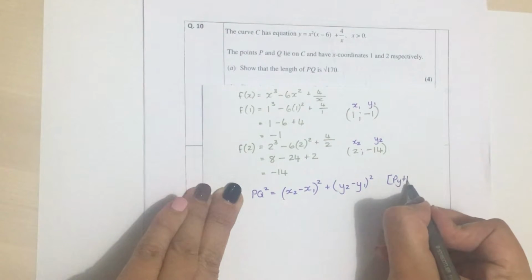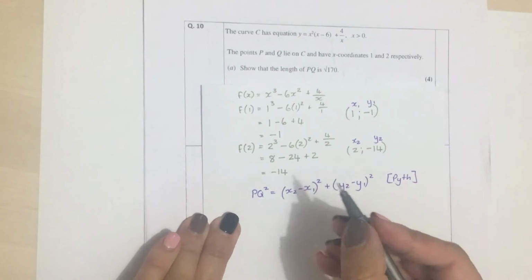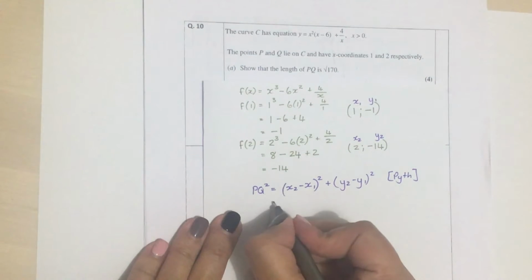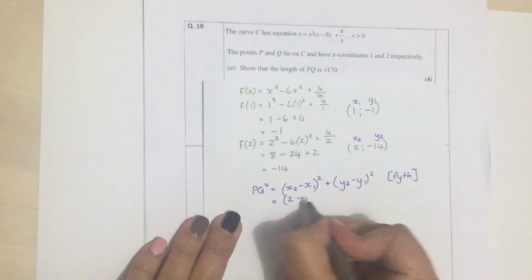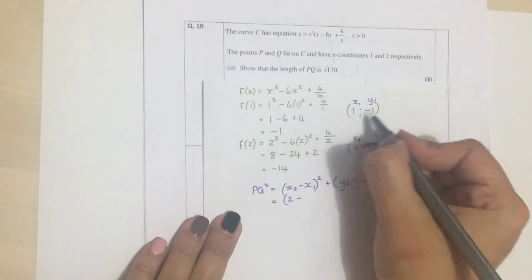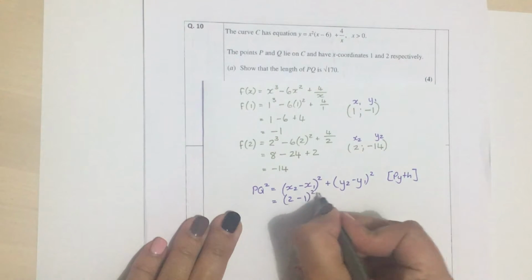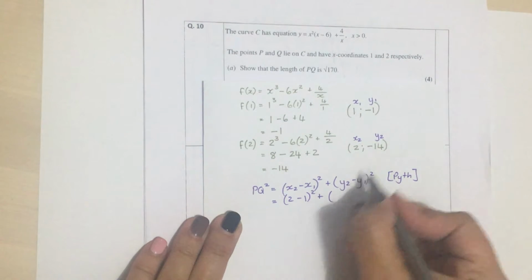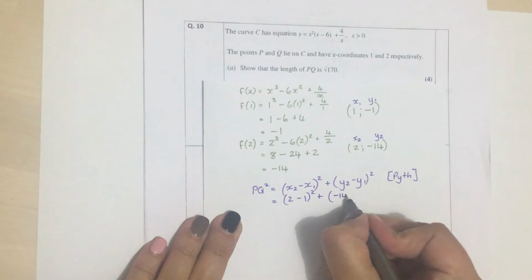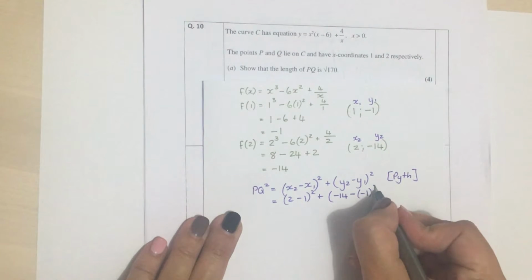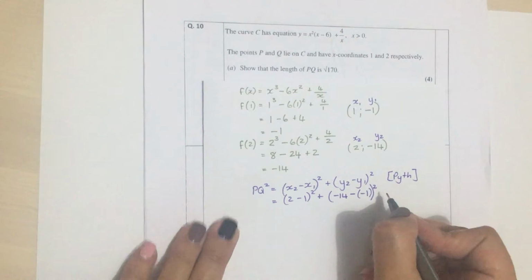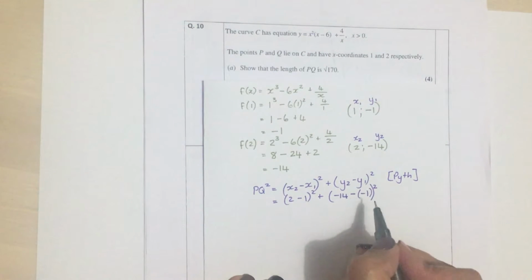Thank you, the old guy Pythagoras. Right, then we substitute: 2 minus 1 squared, plus y2 is negative 14 minus y1 is negative 1 squared.